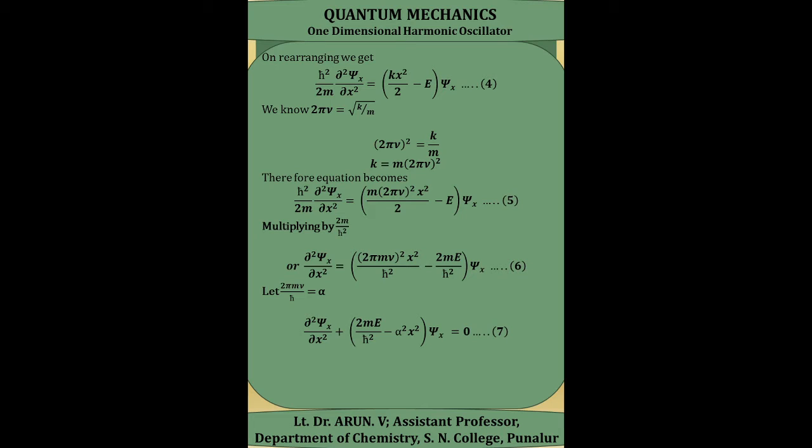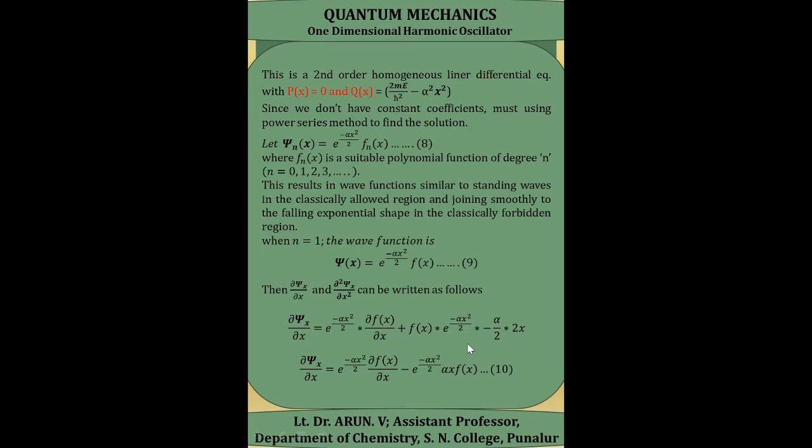Let us substitute the constant term, that is 2 pi m nu divided by h cross, equal to alpha. Then substitute this alpha in the above equation. We can write dou square psi x divided by dou x square plus 2mE divided by h cross square minus alpha square x square into psi x, that is equal to 0.